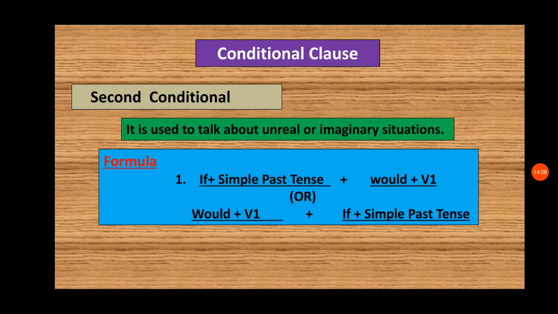In this condition also we can find two sentences, but the conditional sentence will be in past tense. The main verb will be in the second form of the verb, v2, past tense, and the result can be the future past.